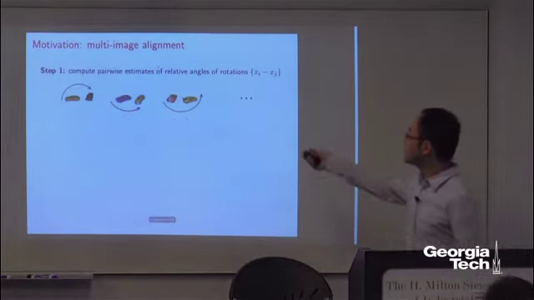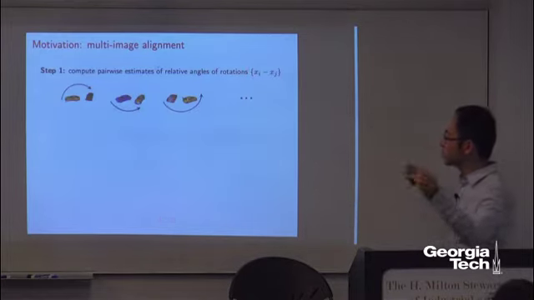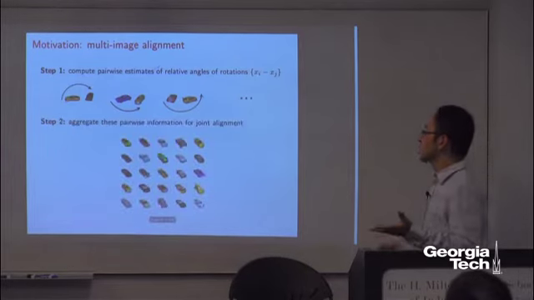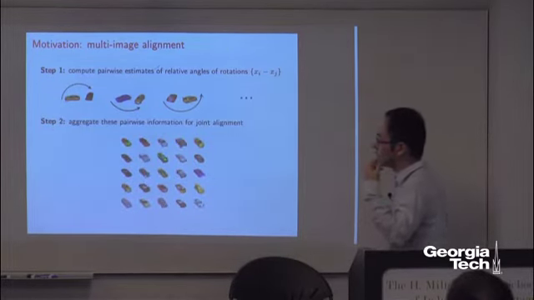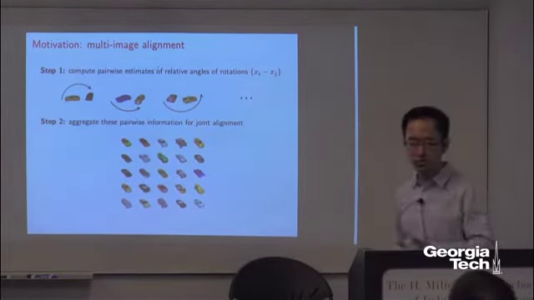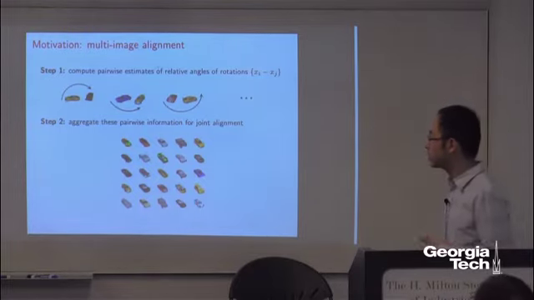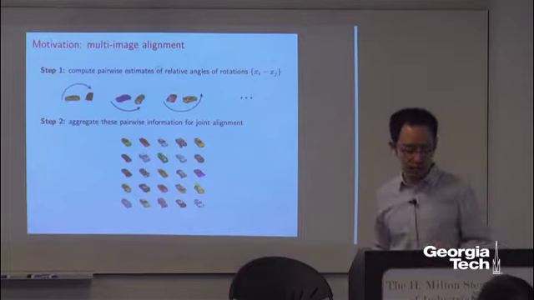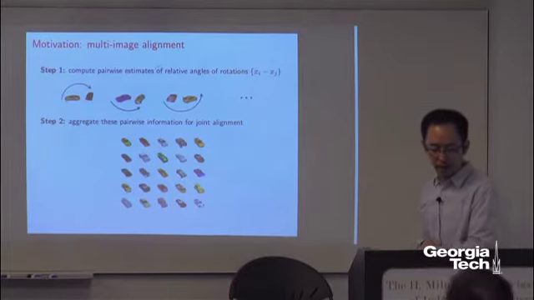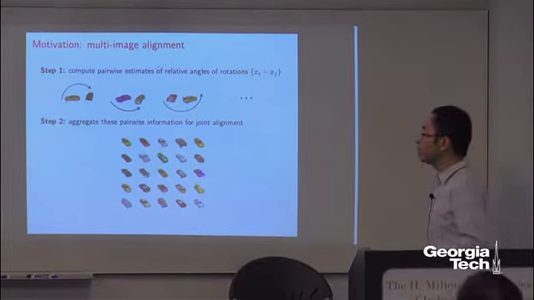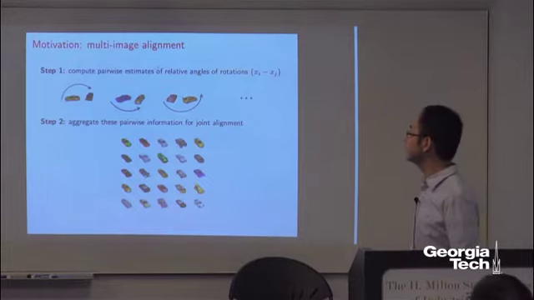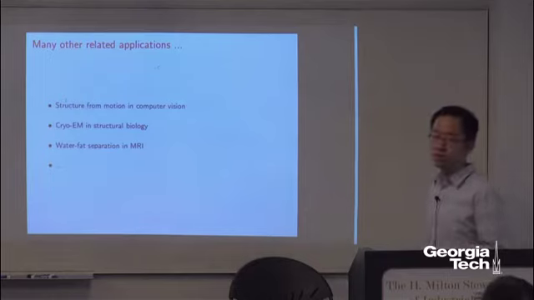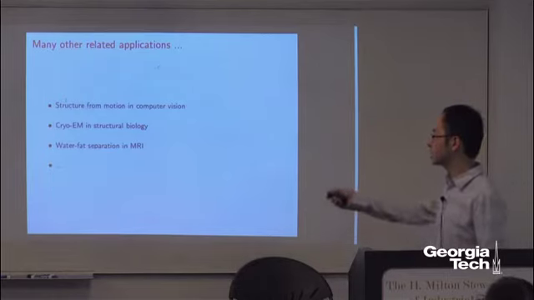After that, they have a collection of possibly noisy pairwise measurements, and they use another algorithm to jointly refine all of these pairwise estimates. This is exactly one of the problems I described as joint alignment from pairwise differences. There are other things I'm going to skip. If you're interested, feel free to talk to me offline about any of these.